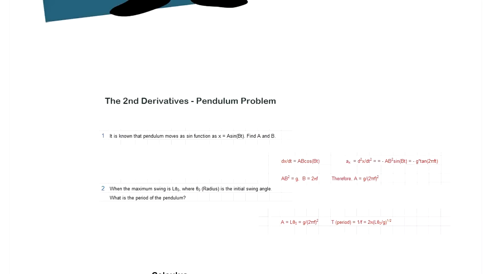So, second derivatives, pendulum problem. It is known that a pendulum moves as a sine function, x equals a sine bt. Find a and b. Well, what this means is you have a pendulum swinging.